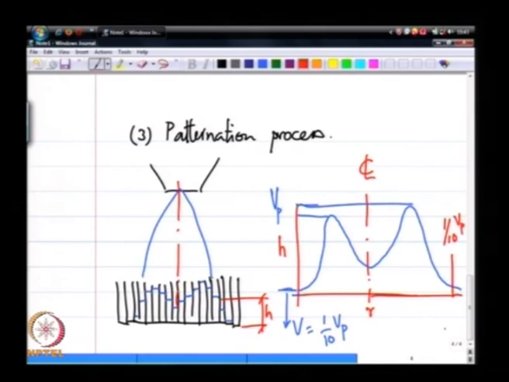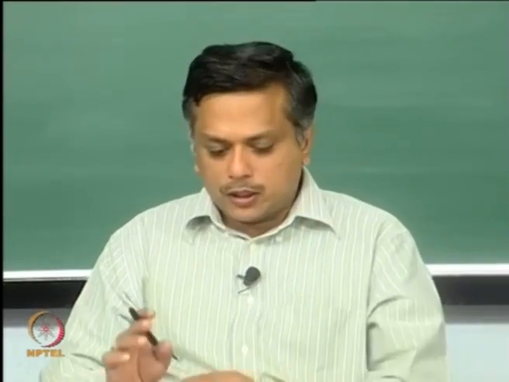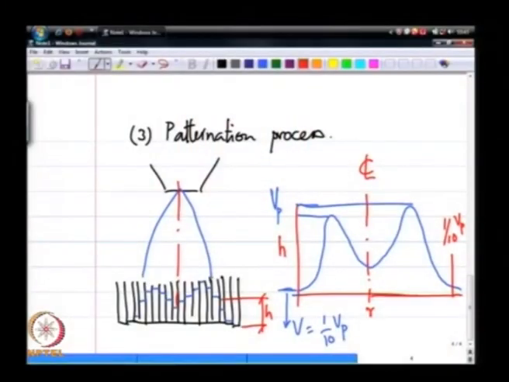So, I could take, let us say, the average of these two peaks as my peak value, and the edge is where the volume in a given tube is 1/10 the volume of the peak. So, essentially the edge is being defined as the point where the volume flux is an order of magnitude smaller than the volume in any one given tube.